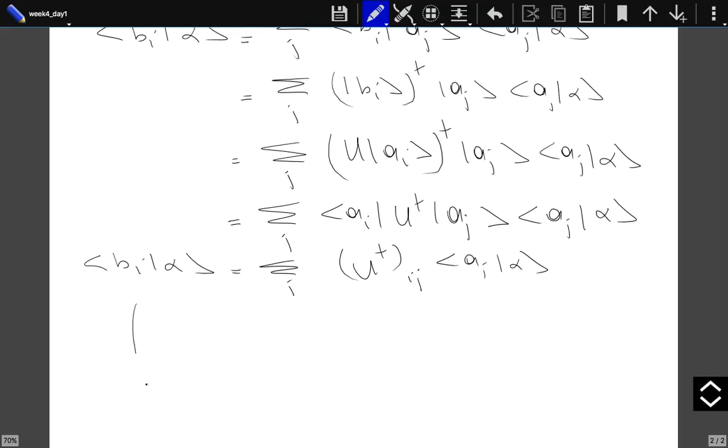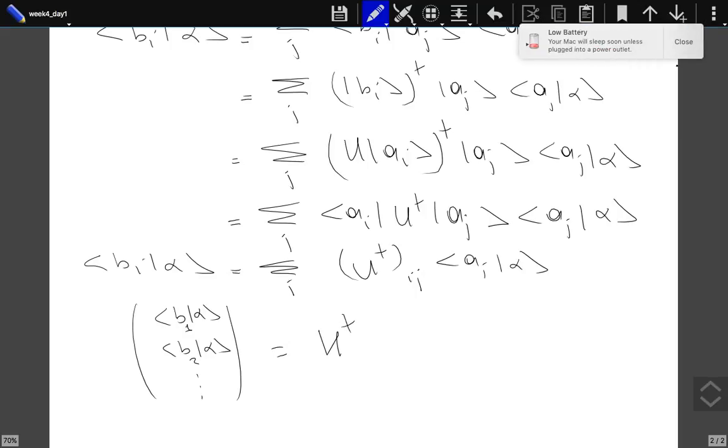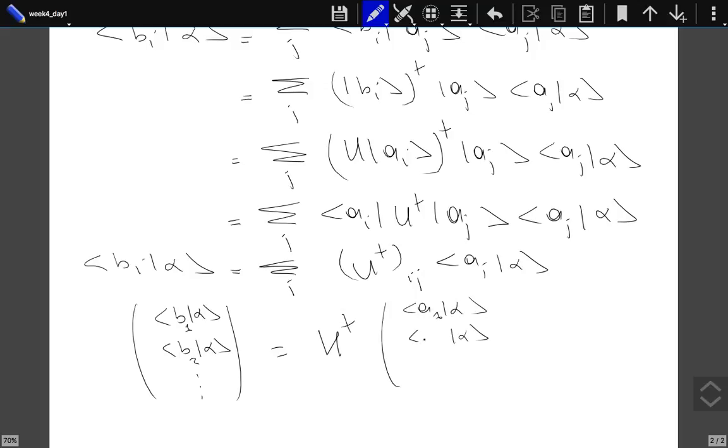So this basically tells me that if I have this matrix representation of the ket, this is equal to U dagger multiplying alpha A1, alpha A2, etc. Or we can even go the other way around.